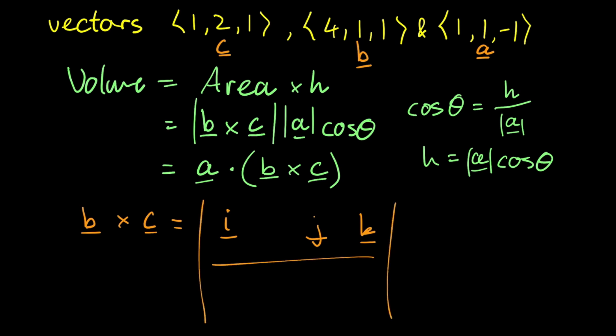So we put in the vector B over here, which is 4, 1, and 1. And we put in the vector C over here, which is 1, 2, and 1.